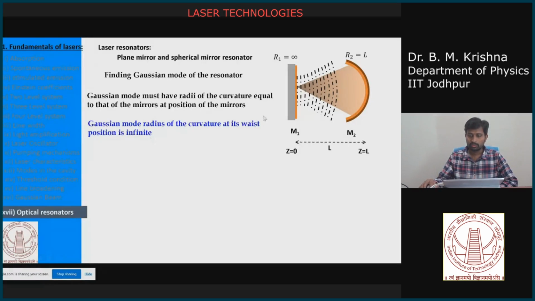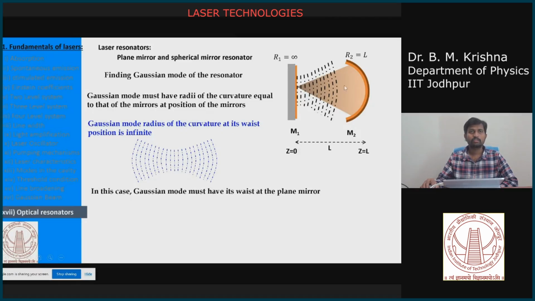This is our Gaussian mode we have discussed in our previous classes. This is our Gaussian beam at z equals 0, that means at the focal spot you have the beam width. At the beam width, your wave is a plane wave, and the radius of curvature is infinity.